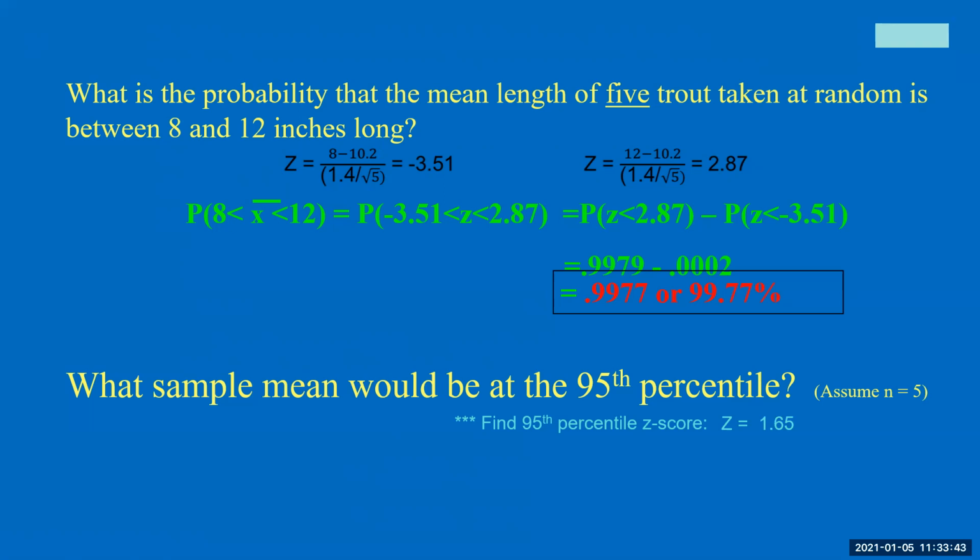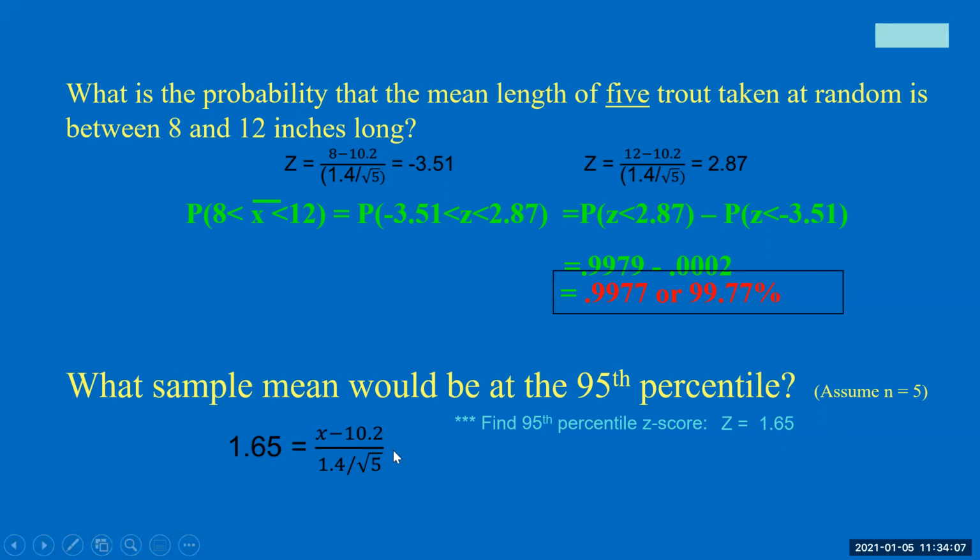Now we can insert that z-score of 1.65 into our z-score equation. So 1.65 equals x minus 10.2 divided by our standard deviation 1.4 divided by the square root of n, which they already told us is 5. You can use your numerical solver on your calculator to solve for x.